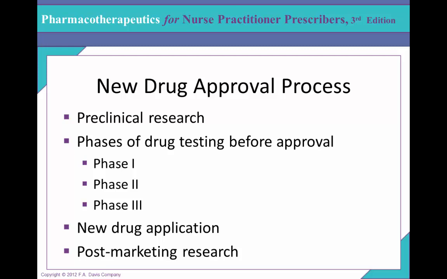Now let's talk about the process of new drug approval. Preclinical research is done in animals. The outcome is optimization to be suitable for testing in humans. Early drug development consists of preclinical activities designed to support clinical trials and clinical drug development.